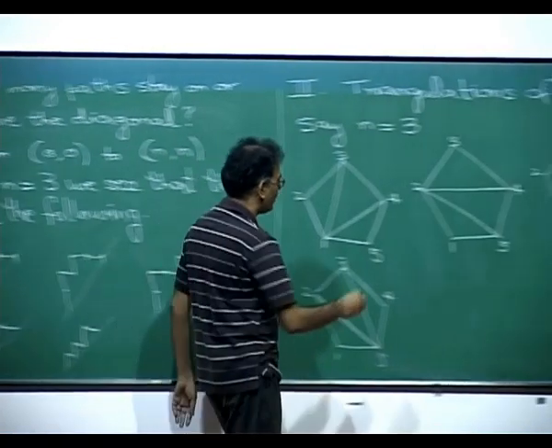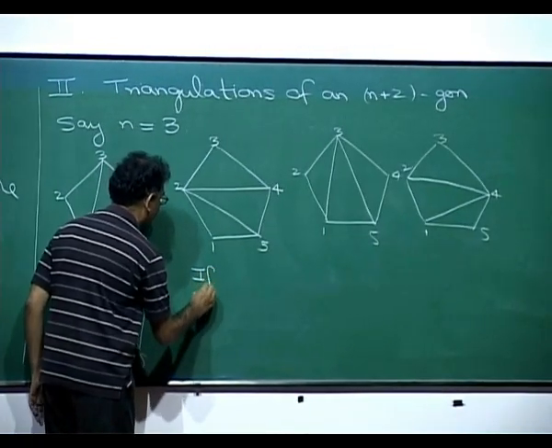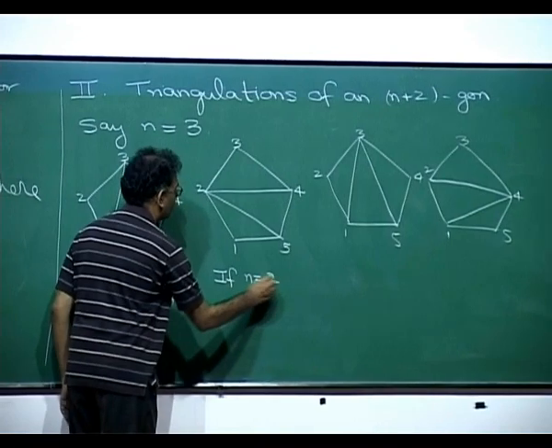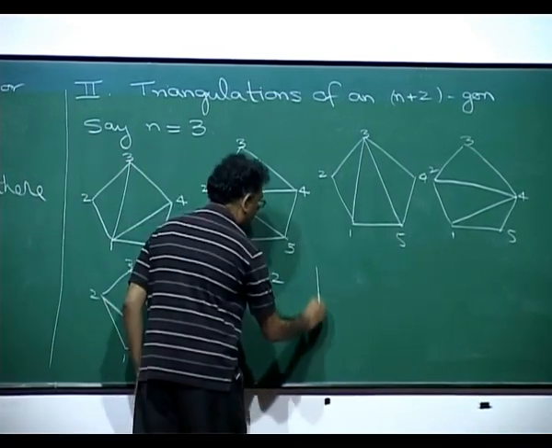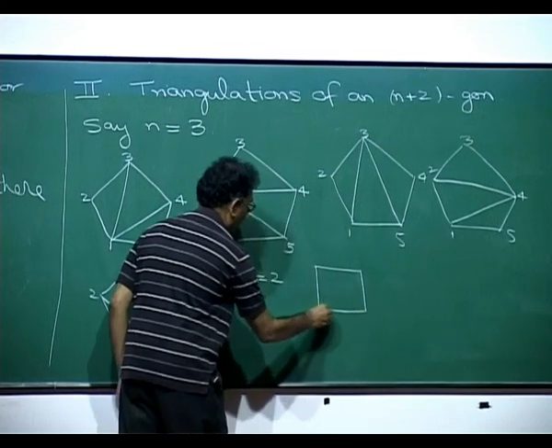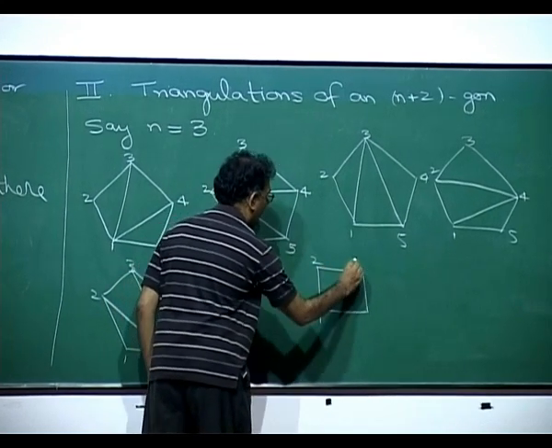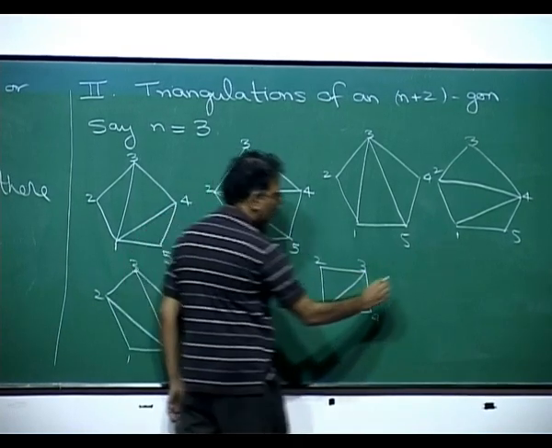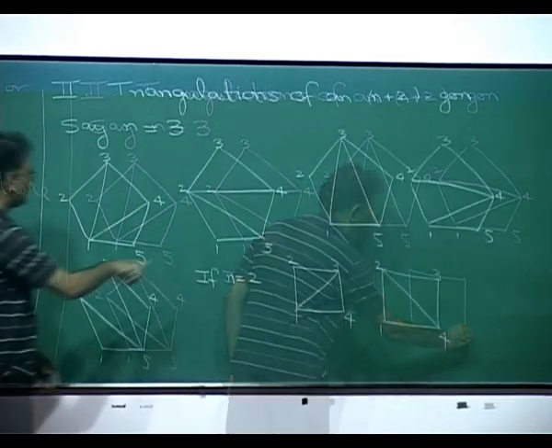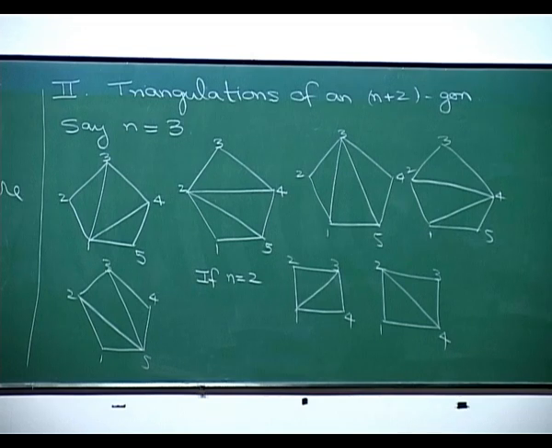So let's see when n equal to 2. If n equal to 2, n plus 2 is 4, so now we are thinking of a square. And clearly there are 2 ways, either you draw this diagonal or you draw the other diagonal. When n equal to 2, there are 2 ways, and here also when n equal to 2, there are 2 paths.